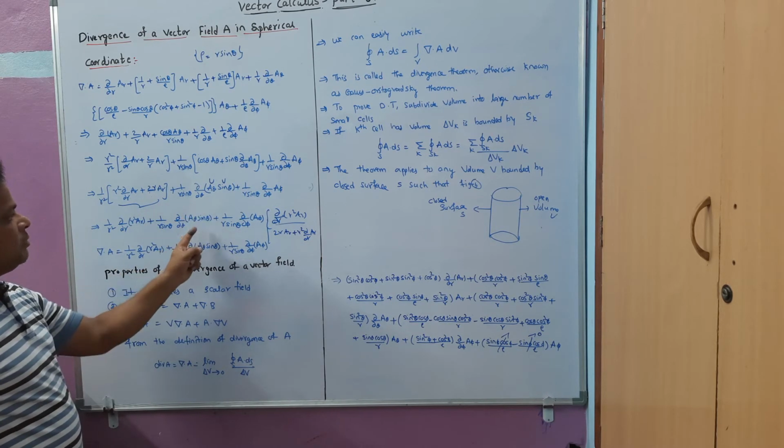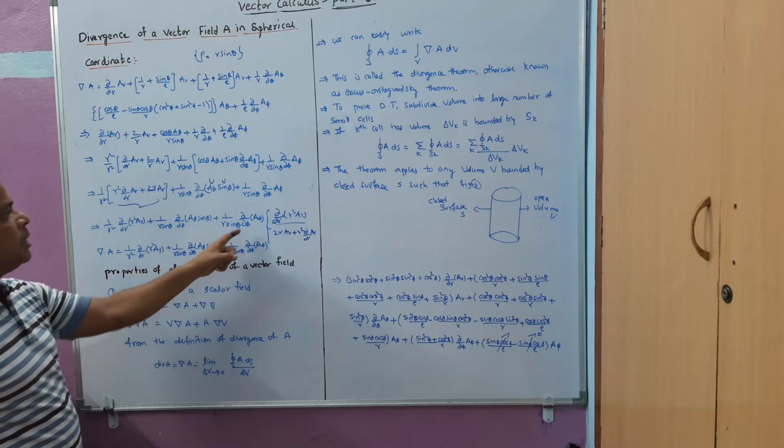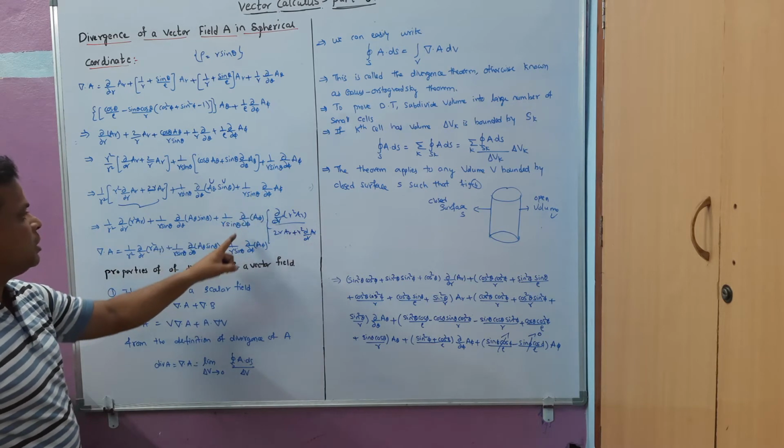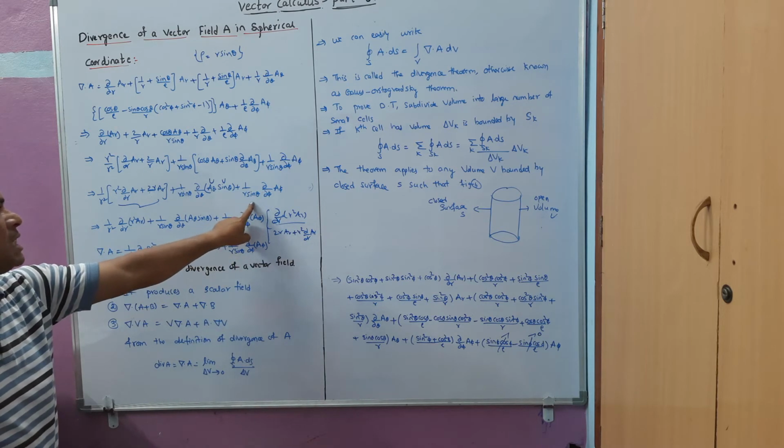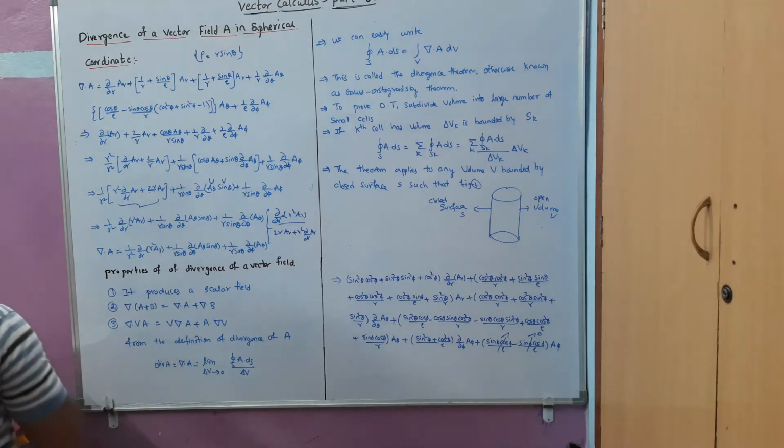By doing this we get A theta into sin theta, that is uv, one dou by dou theta of A theta into sin theta, and finally we are not going to change the last term, that is 1 by r sin theta dou by dou phi of A phi. So finally I am going to write the del dot A equation in this final form, let me highlight this equation.